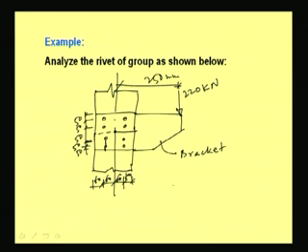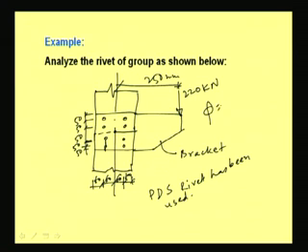Now, assume that power driven shop rivet has been used, and say the diameter of the rivet is, say, assume 20 mm. So, this is the problem we have to analyze.